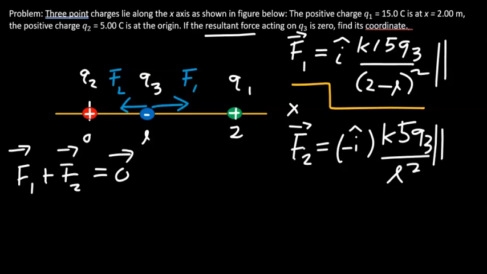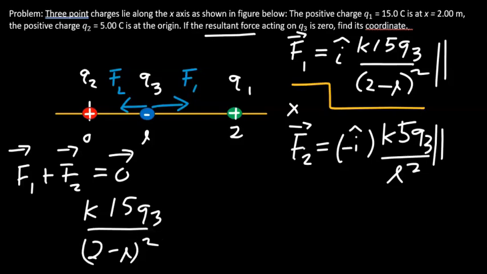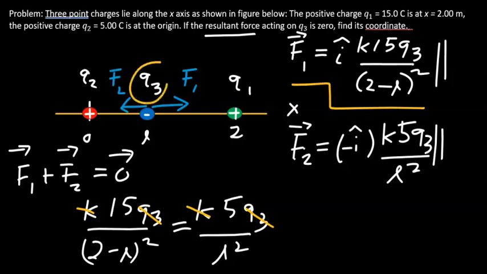So equating the magnitudes, we get the magnitude of F1, K times 15 Q3 over (2 minus L) squared, equals the magnitude of F2, K times 5 times Q3 over L squared. You see that K cancels out, Q3 cancels out, so that's why we don't need to know the magnitude of the strength of that third charge, and we end up with this equation.